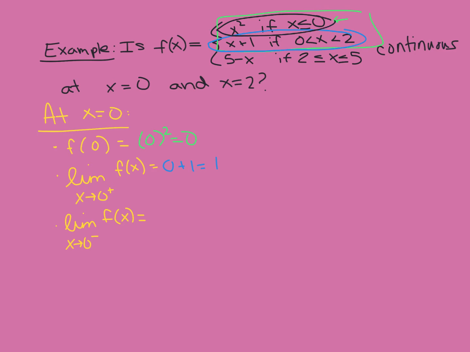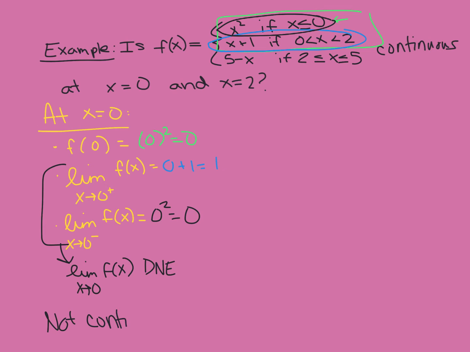That's going to, again, use the top equation. I use 0 squared again, which gives me 0. You will notice that these three things are not equal. In fact, this tells me that the limit as x approaches 0 does not exist. So if your limit does not exist, your function is not going to be continuous. Therefore, this function is not continuous at x equals 0.